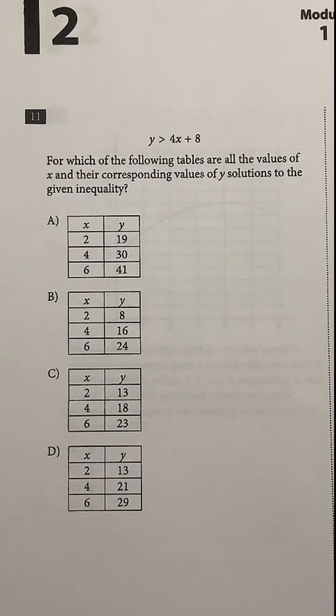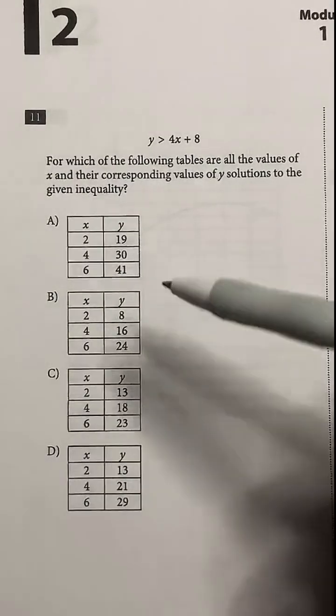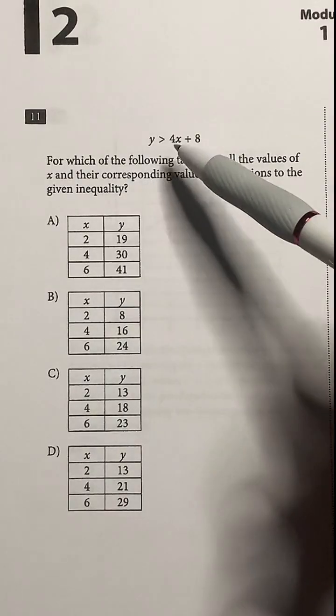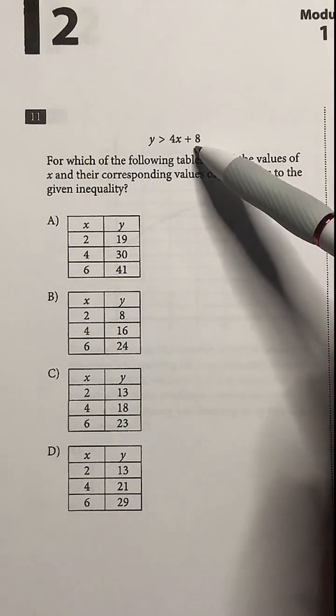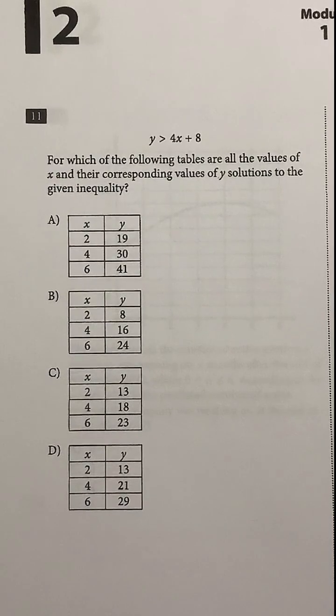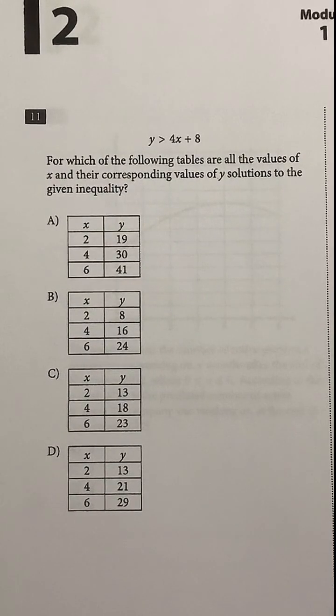Taking a look, we have all our x's, and they're all exactly the same. So we are trying to figure out which y values, after I plug in for an x value, are going to satisfy this inequality. Okay. I'm seeing a bunch of A's. I have a couple B's.